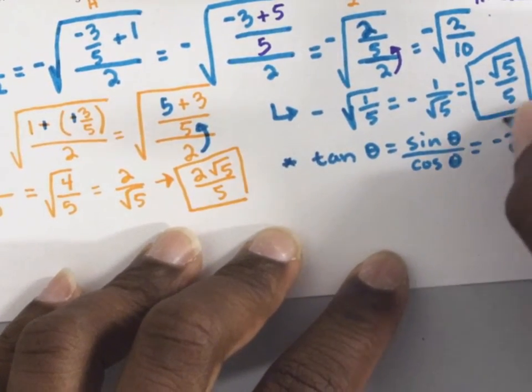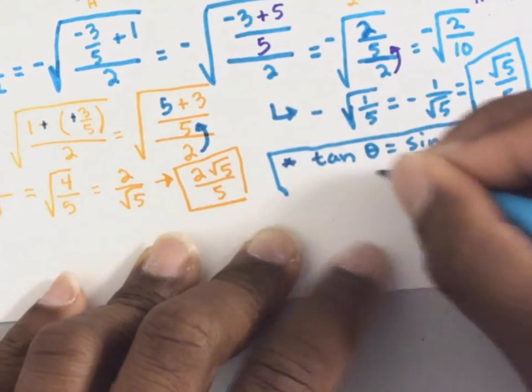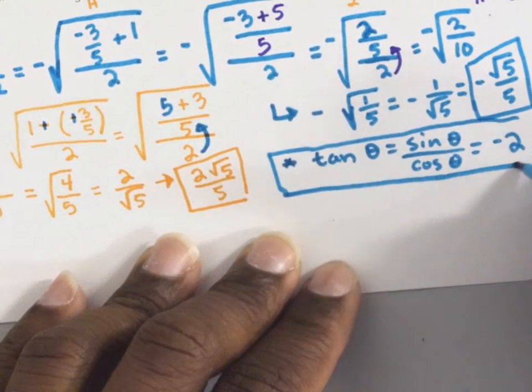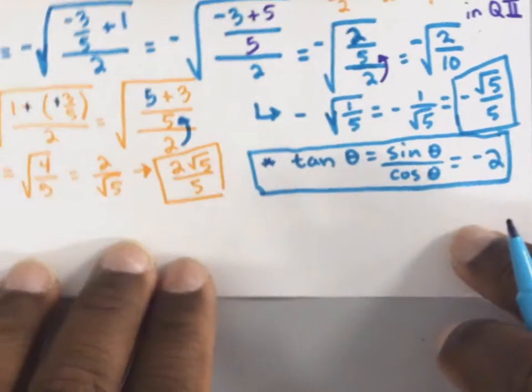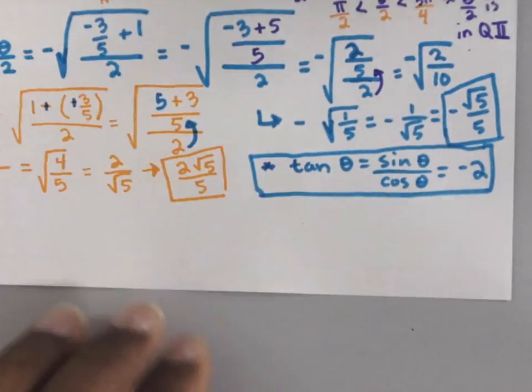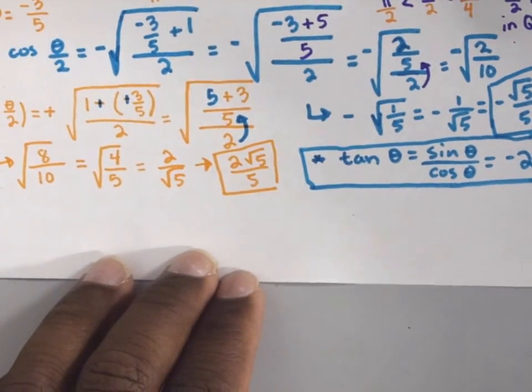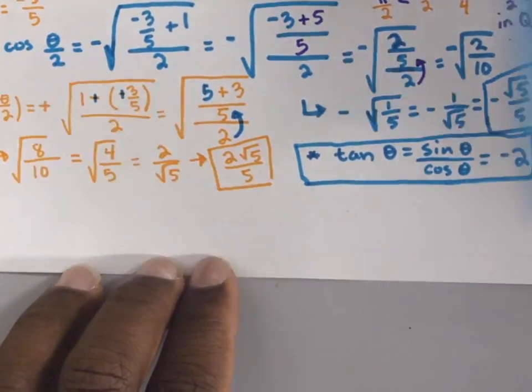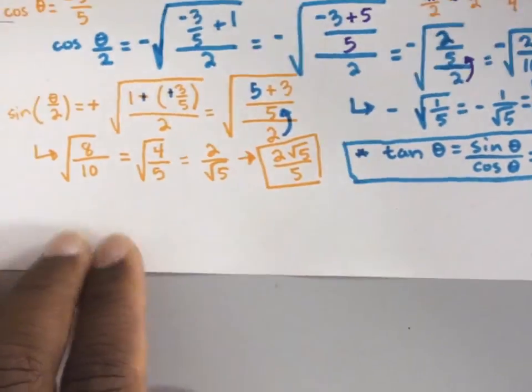And we got negative 2 there. I'll do the formula because sometimes it'll make more sense to just use the formula, unless the only thing you answer is tangent. Then you have to do all this just to find tangent.